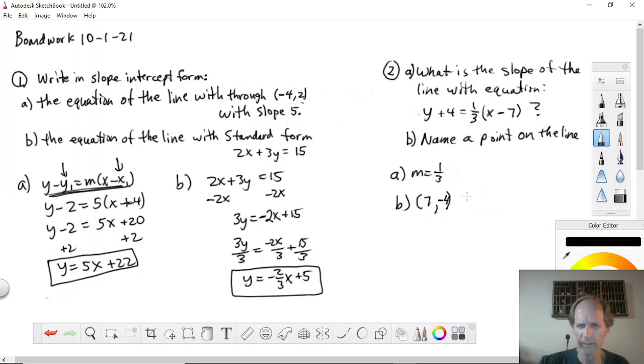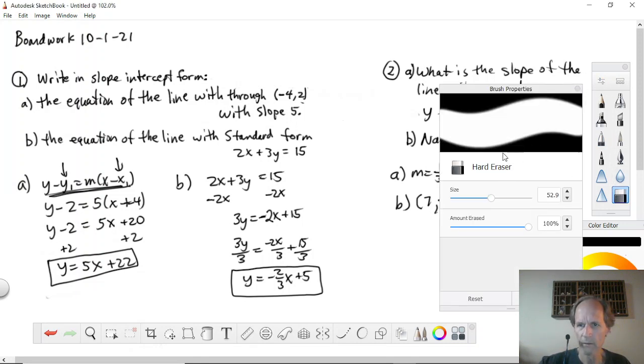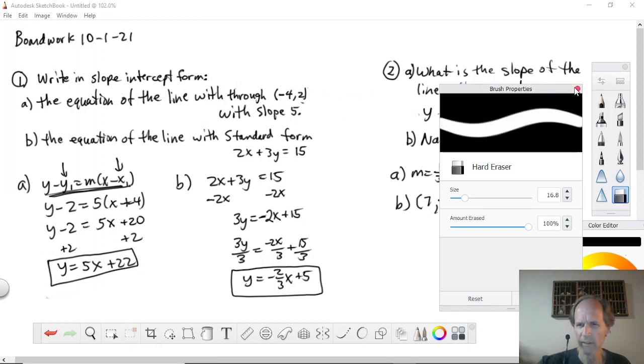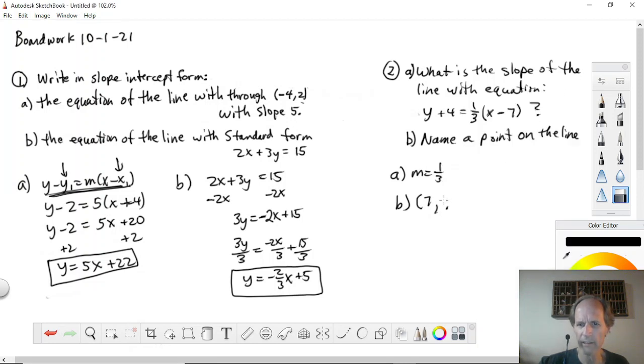And I didn't leave myself enough room. Whoop, that's too big. Make my eraser smaller. Okay, we're going to erase that. Make it look better. So the y coordinate is negative 4.